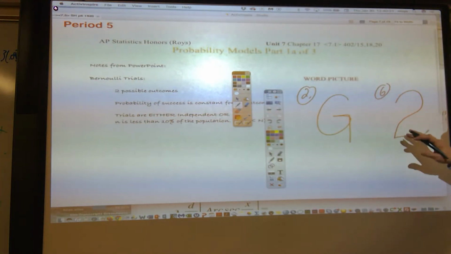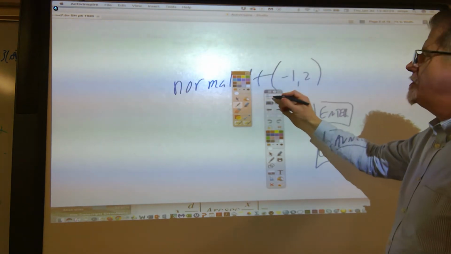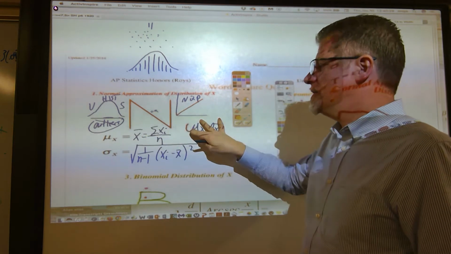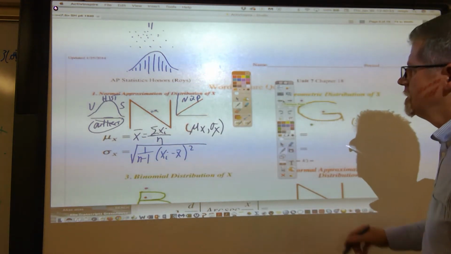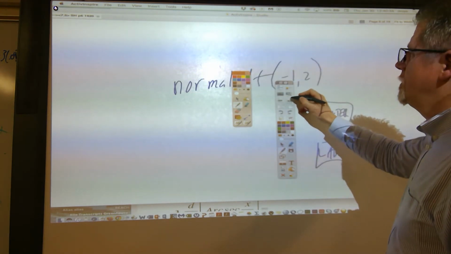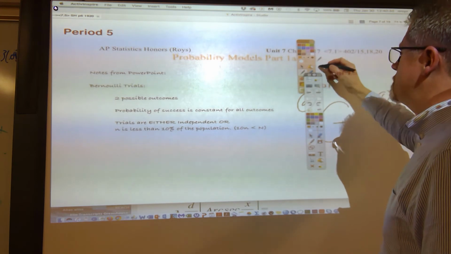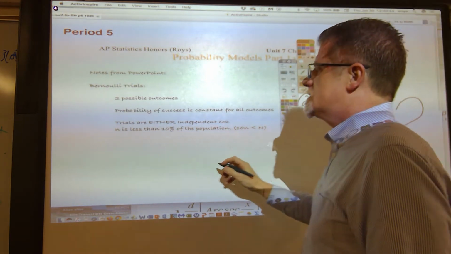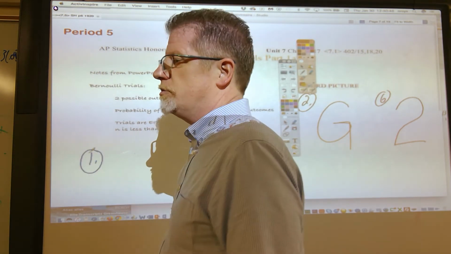All right, so these are the 2 new word pictures we're going to learn. I would argue that you basically already knew the information for the normal model. This was stuff you knew already, where we just kind of put it into a picture. All right, here we go. Well, there's some vocabulary here, Bernoulli trials and that kind of thing, but I'm going to introduce our new material in the context of a real world problem, and we'll call it problem 1.